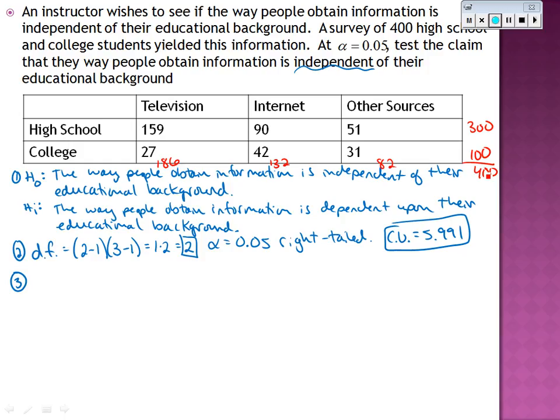So if you want to use the formula to find each expected value, you have to take the row sum times the column sum divided by the grand total.